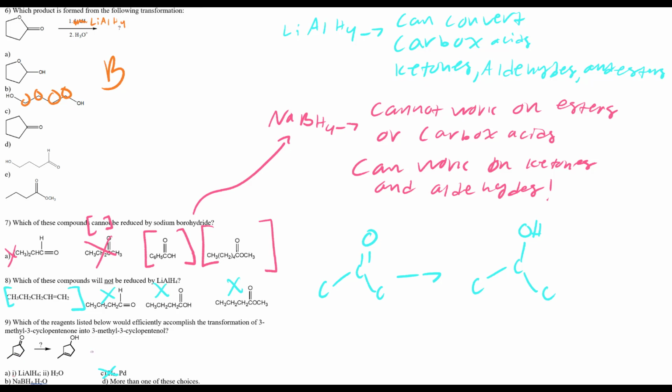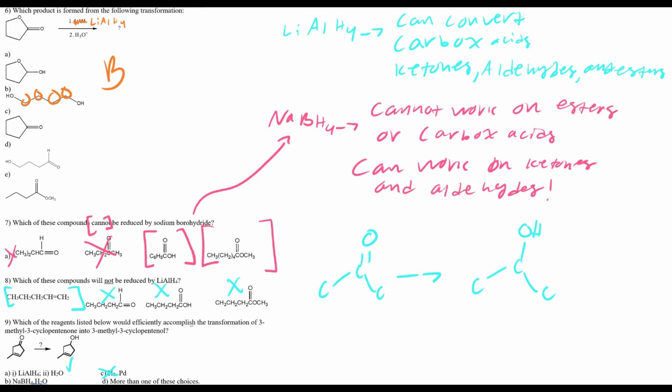C is wrong. If I use lithium aluminum hydride and then do an acid workup, this double bond is going to disappear, making it an alkoxide, and then an acid workup is going to create an alcohol, which would be correct. What about B? Sodium borohydride and then an acid workup.